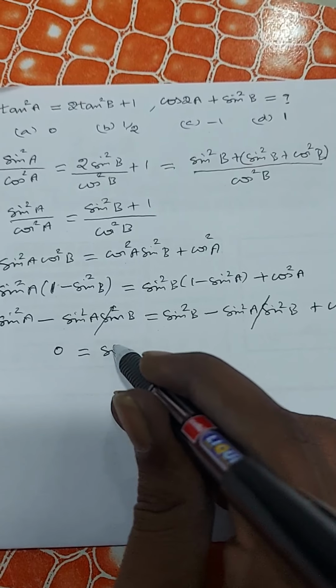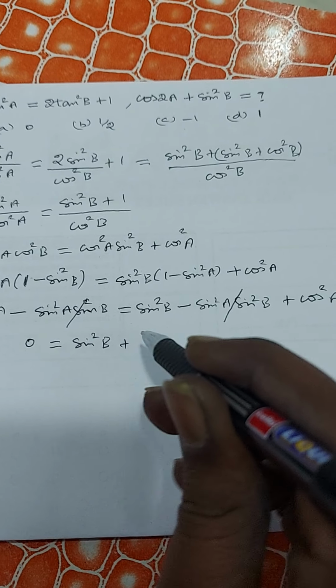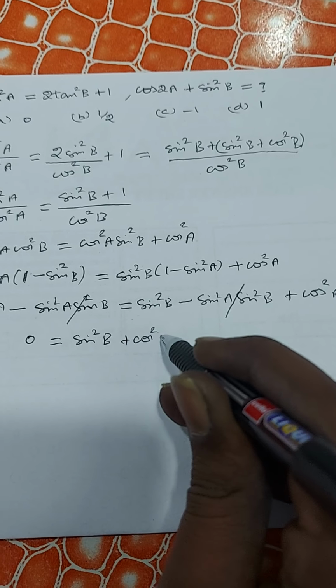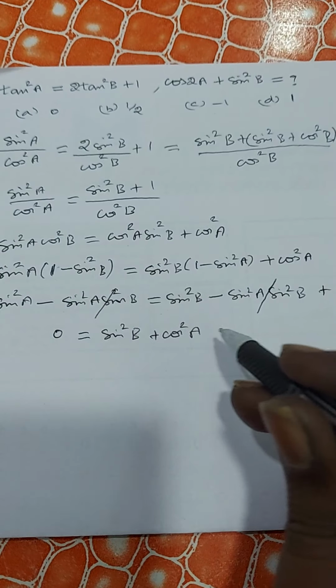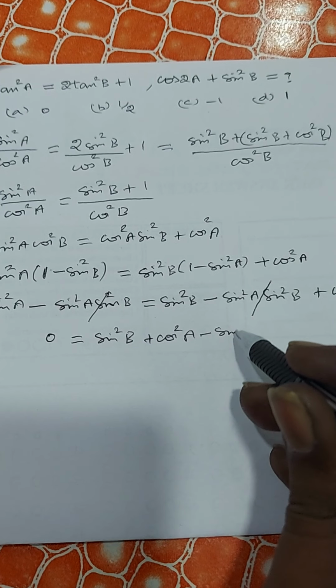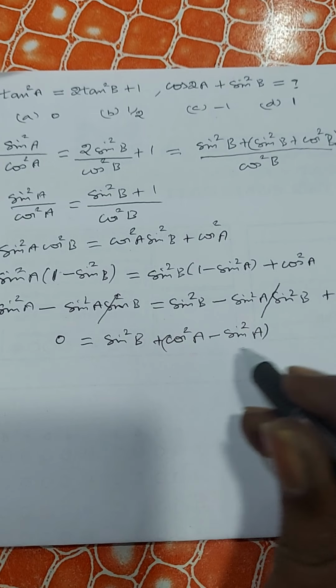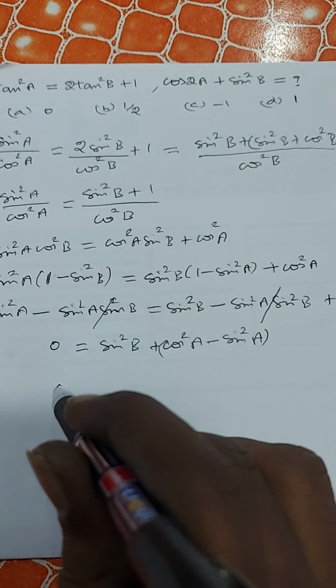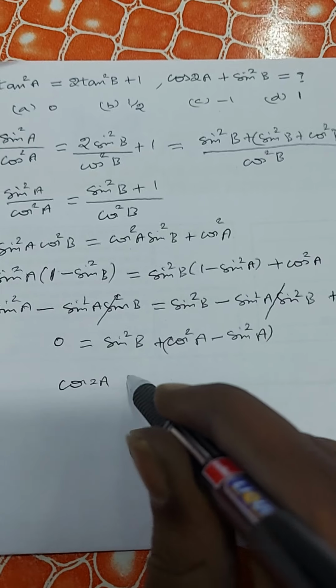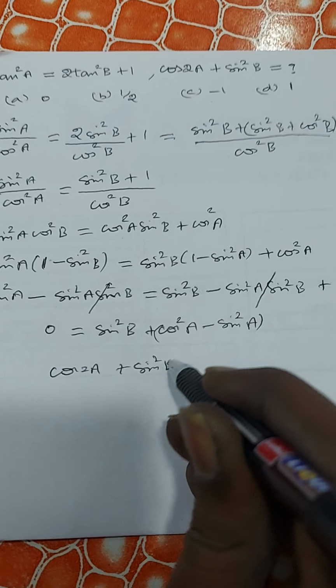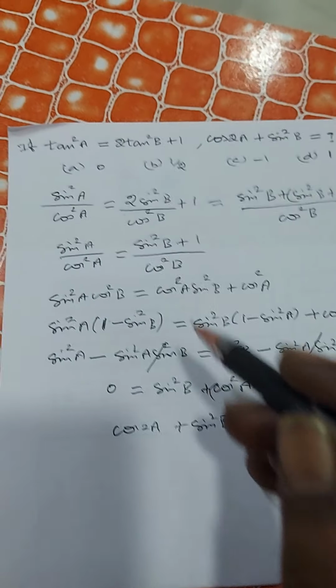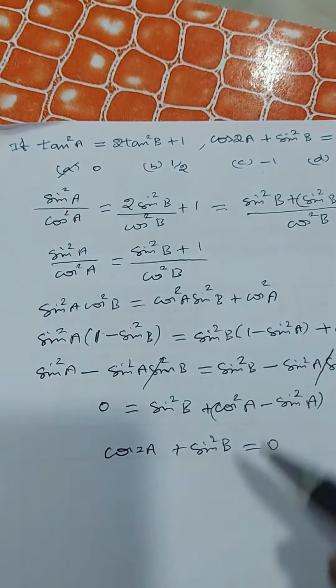Already sin square b plus cos square a, and this sin square a. Now you know this one is the cos 2 theta formula, so cos 2a. Hence cos 2a plus sin square b equals 0. It is there in option A.